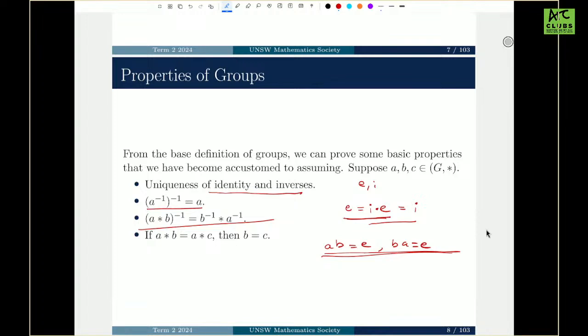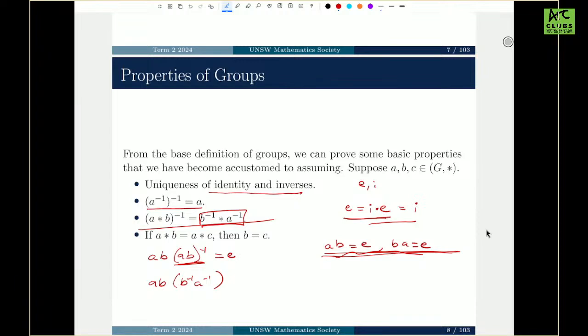Okay, for the next thing, we can just check that it satisfies the inverse property. Because we know AB times its inverse is going to be E, right? So we have to show that this thing satisfies this defining property. We have to do that on the left as well, because there are these two things, but I'll only do one direction. So AB, B inverse, A inverse.